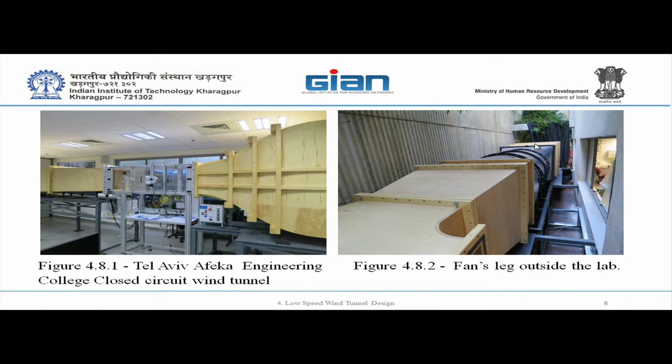There also, the question is what the length of the test section should be. Here it's 3 times the dimension of the cross section, which means 150 centimeters. Same as in Jerusalem, where it is 30 centimeters square, the length is 90.